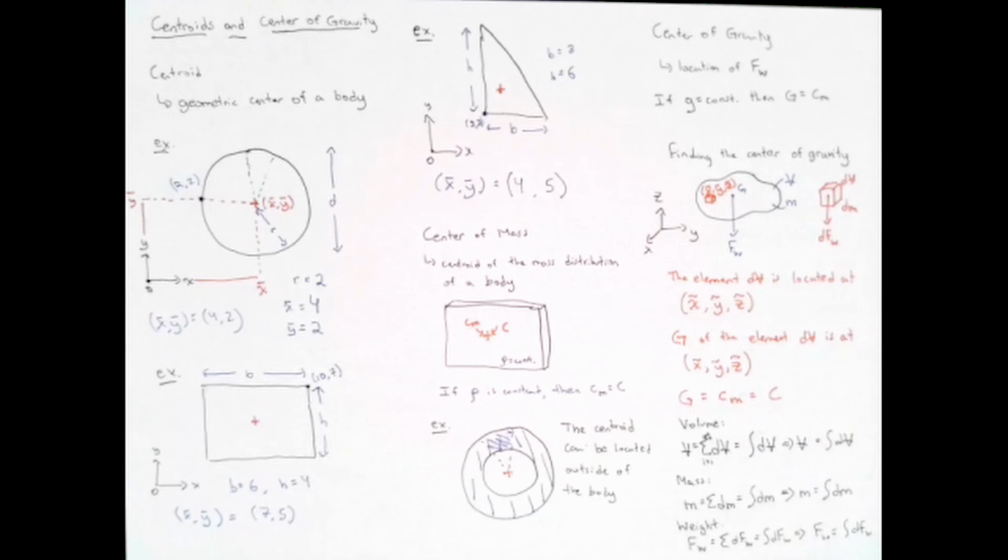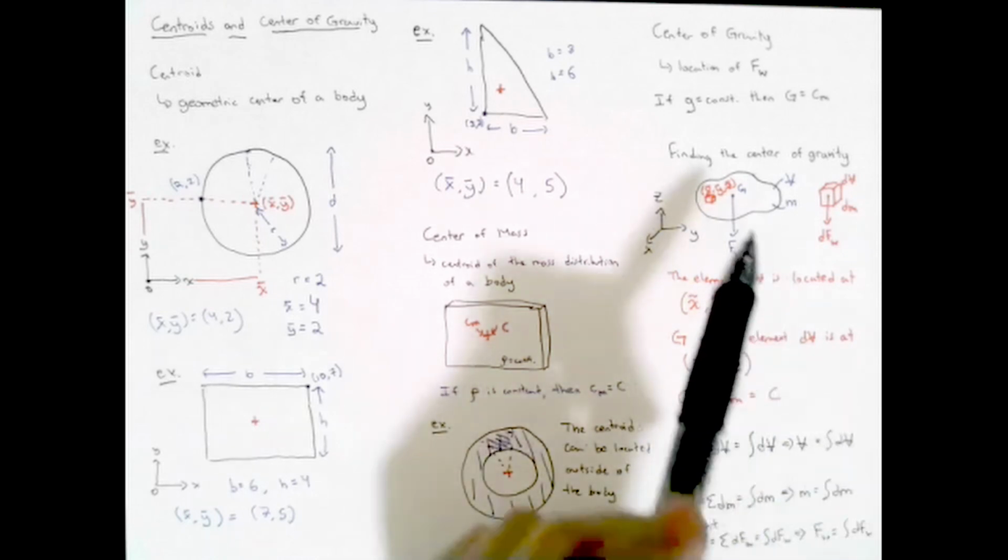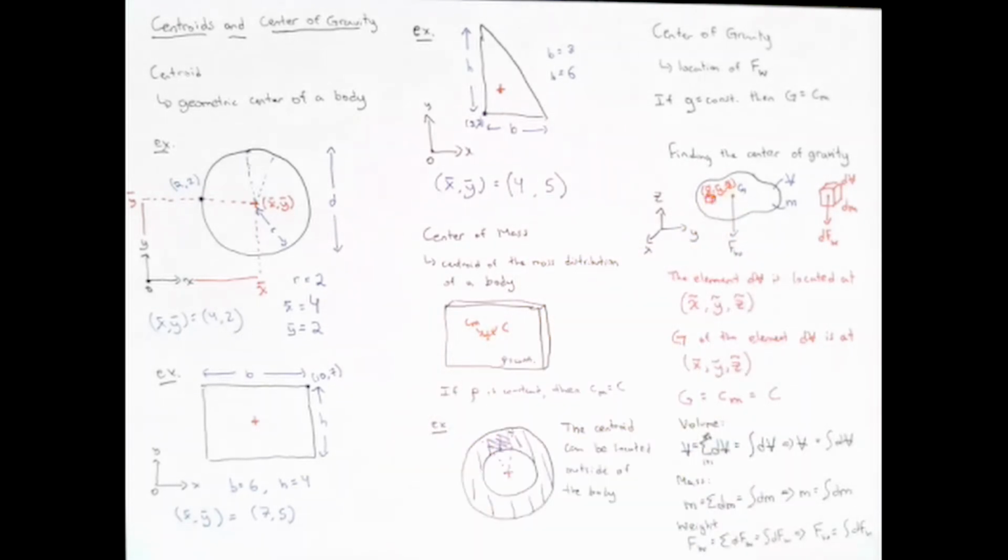The reason we're doing this is because we want to now apply the relationships that we've learned between forces and moments to use this information to find the location of this center of gravity. So in order to do that, let's think of the following.